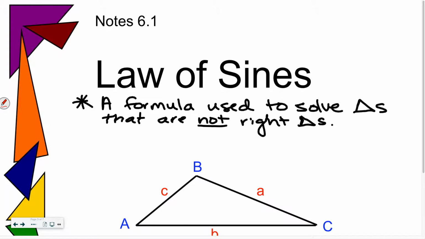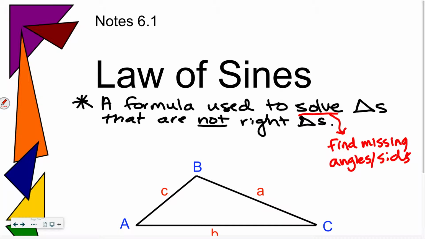So we had to come up with some new ways to solve for missing things, and that's what solve means. Okay, so I'm going to say find missing angles or sides. We had to come up with a way to find these missing angles or missing sides for triangles that weren't right triangles.